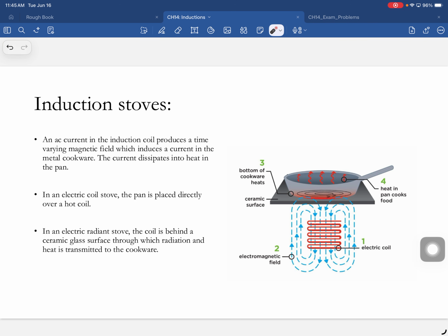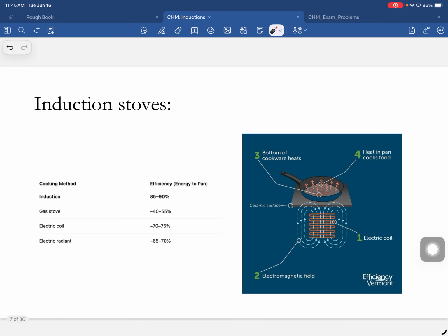Okay. So the only thing is you can't cook on a ceramic pot here. You have to have a metal pot. This stove is the most efficient. So an induction stove is about 90% efficient. A gas stove is only 50% efficient. You burn the gas, the flame, and you're losing a lot of heat.